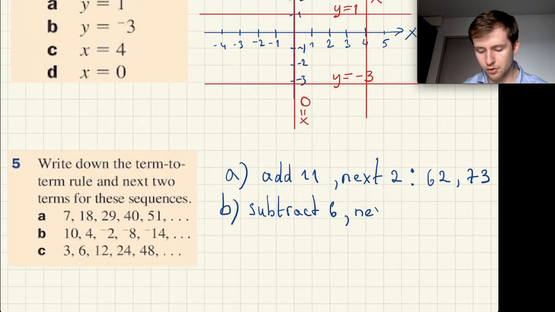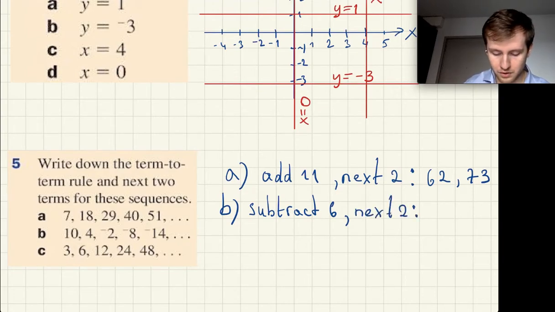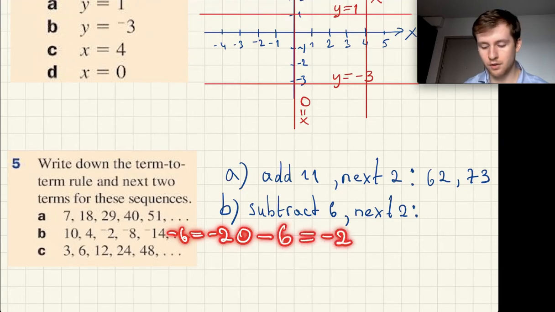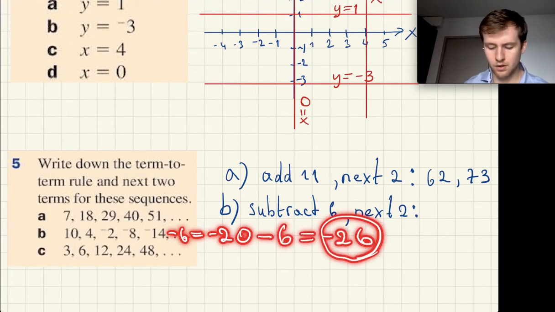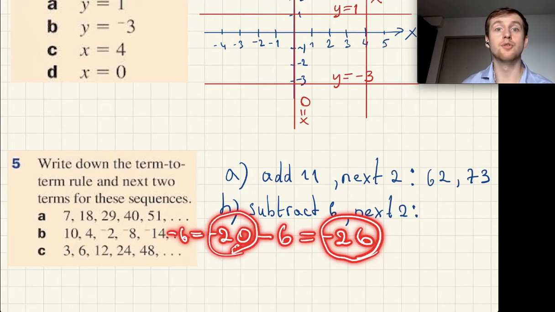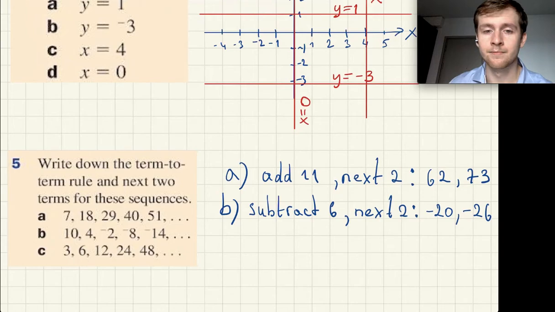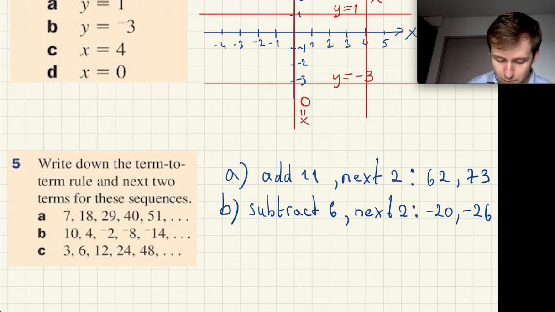And the next two terms: -14 minus 6 equals -20, and then -20 minus 6 equals -26. So the next two terms for this sequence are -20 and -26.